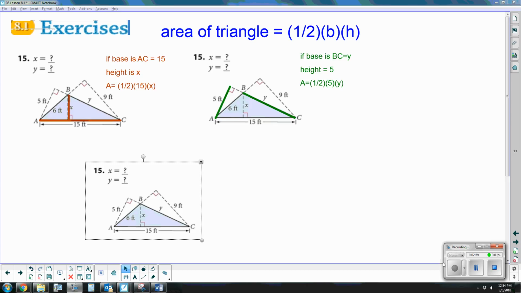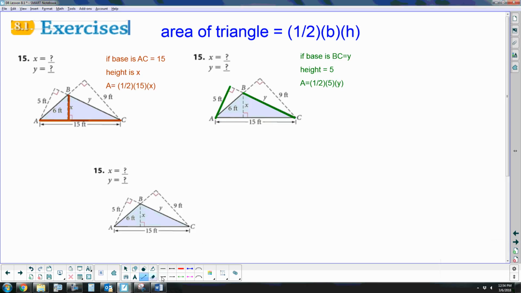So since a triangle has 3 sides, it could potentially have 3 different bases. So let's look at the third possible base for this triangle. So we already used a base of AC, we already used a base of BC.